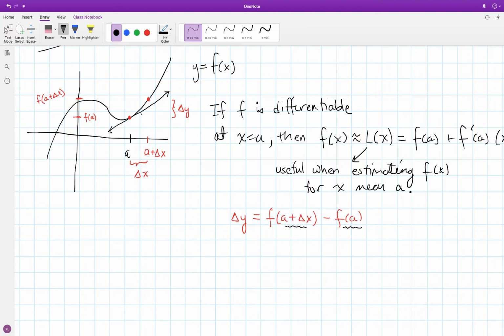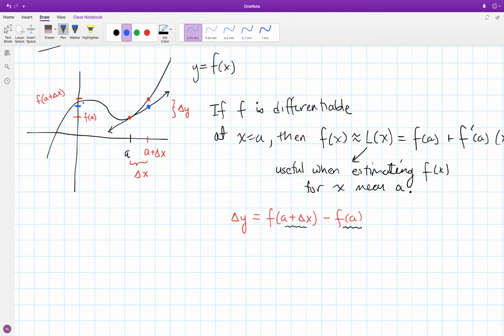So instead we want to use the tangent line, which I've got drawn here, to do something a little bit different. So what if I didn't want to compute f of a plus delta x? Instead, I could just plug a plus delta x into the tangent line. I mean, that would be the linearization perspective.